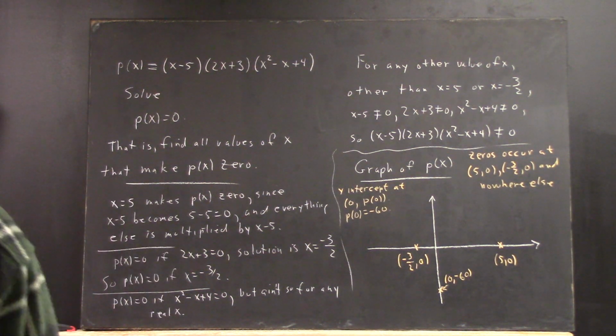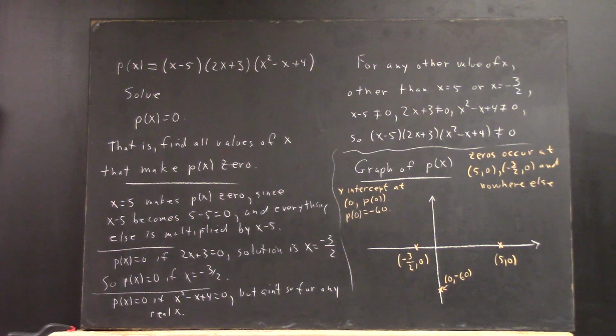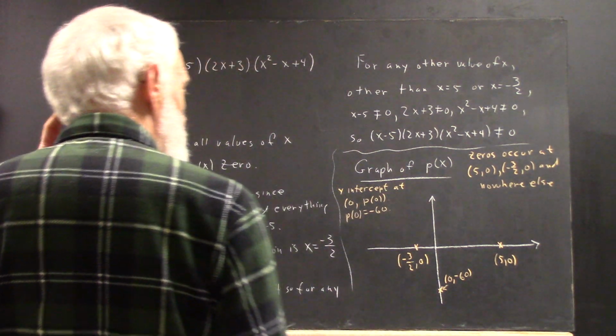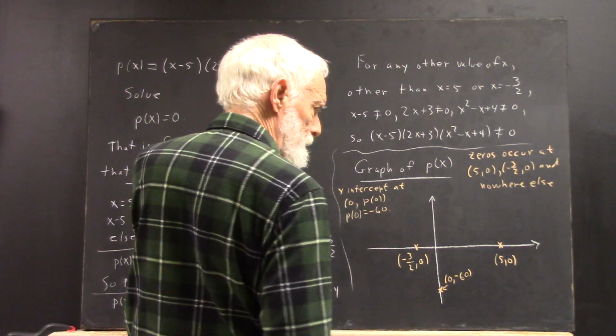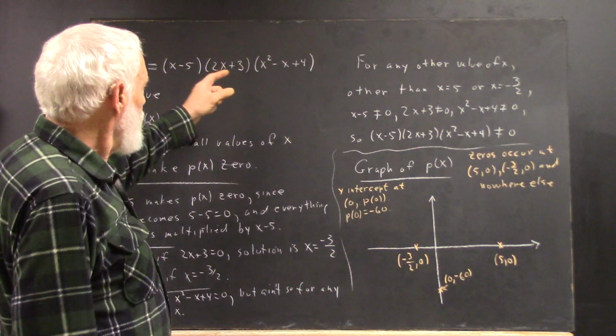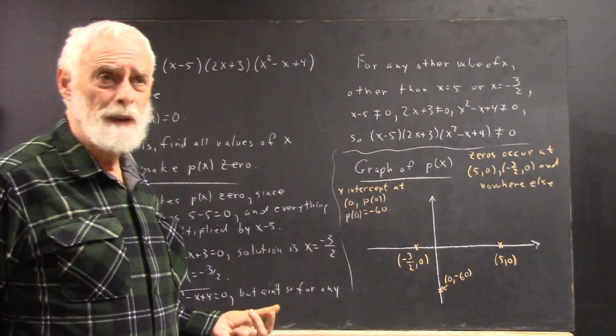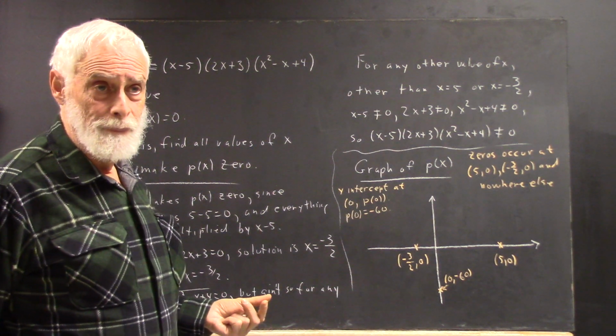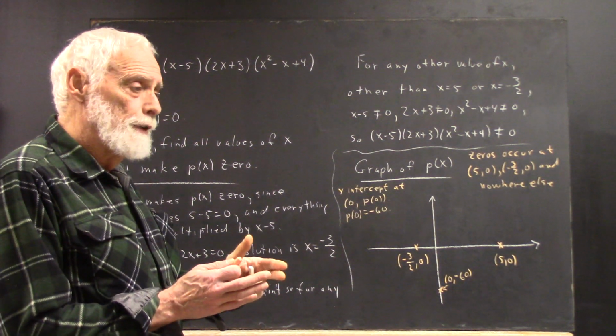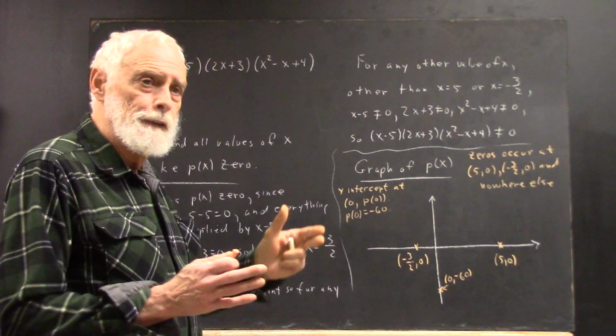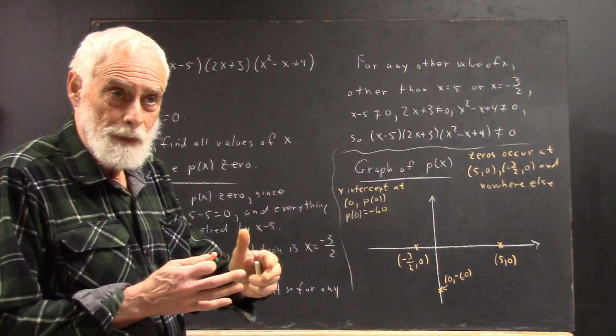Now, what else do we know? Well, if you change x by just a little tiny bit, then y is just going to change by a little tiny bit. And the tinier the bit you change x by, the tinier the bit y changes by.